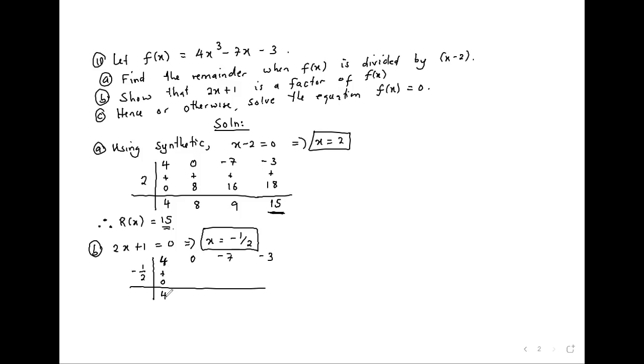We multiply. 4 times negative half, we get negative 2. Add. So we have negative 2 here. Negative half times negative 2, we get negative 1. Add, we get negative 8. Negative half times negative 8... What's happening?